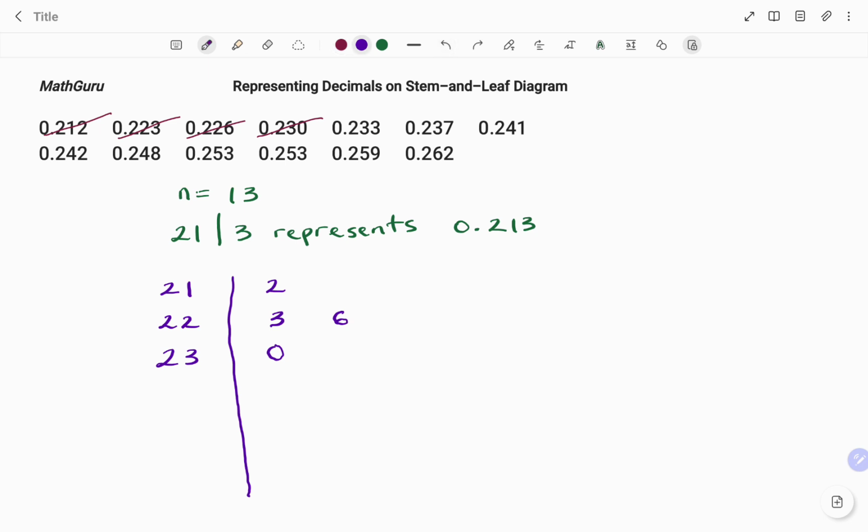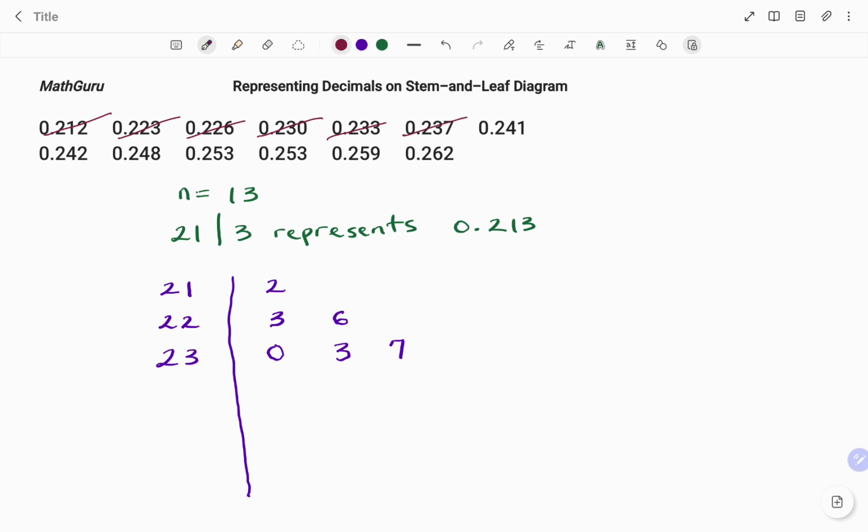So I'm going to go ahead on the same line by just adding the leaf, which is the last digit, 3. So that's 0.233. Then the next one, I'm still on 23 because that's the first 2 digits after the decimal point. I'm going to include the last digit, which is 7, as my leaf. So I'm done with that.